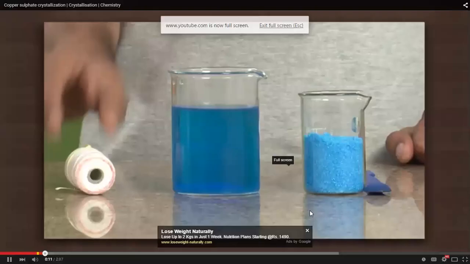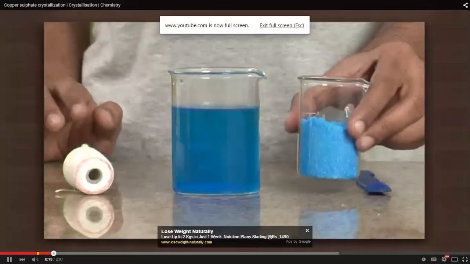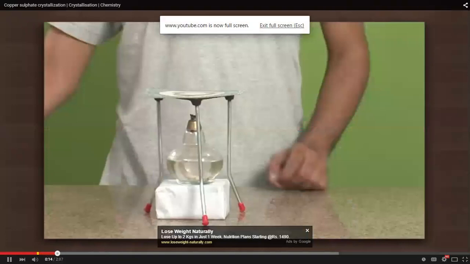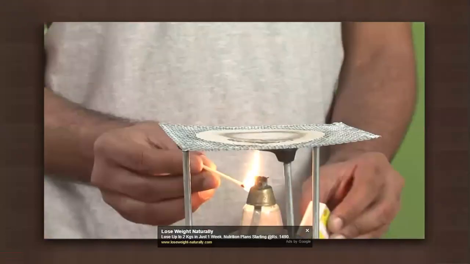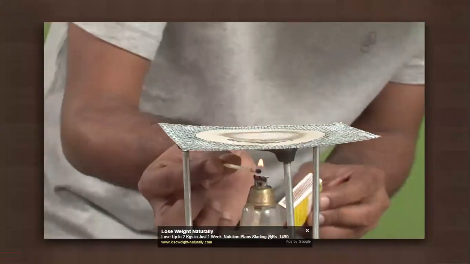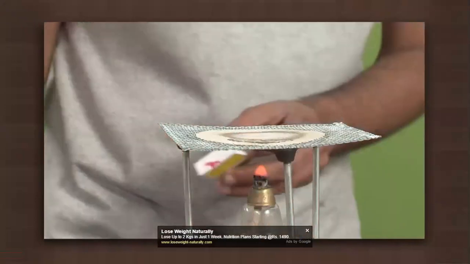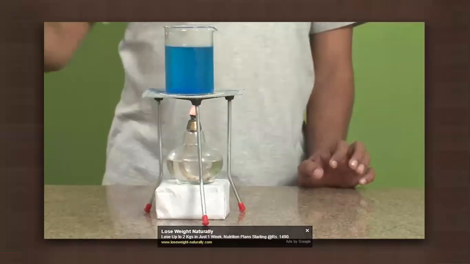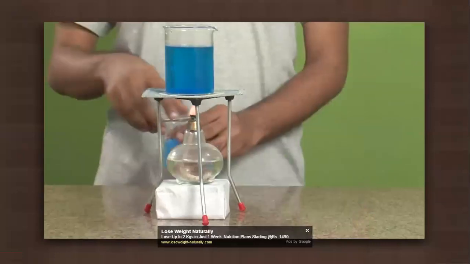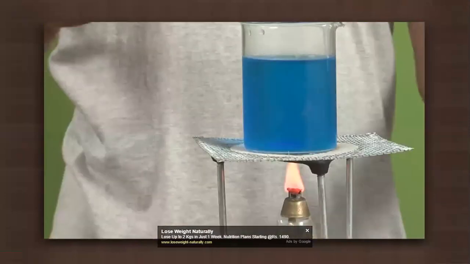First, we will make a supersaturated solution of copper sulfate. Light the spirit lamp, place the copper sulfate solution on the burner, heat the mixture. Now keep on adding copper sulfate till no more salt is dissolved.